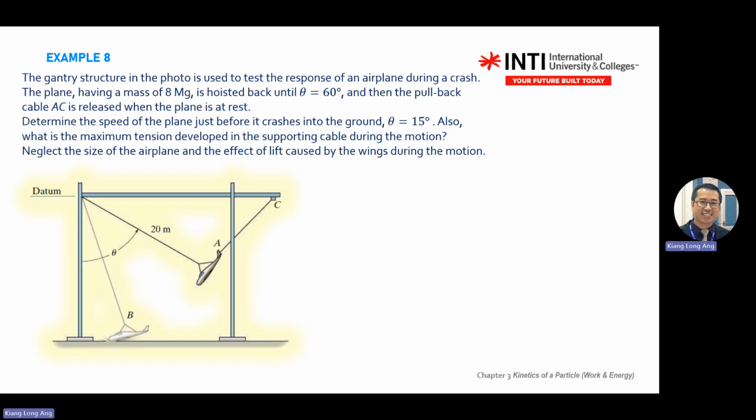Curvilinear motion, straight away draw tangent and normal directions. In curvilinear motion, most of the time it wants you to find a_t and a_n. How to find a_n? v squared over rho.